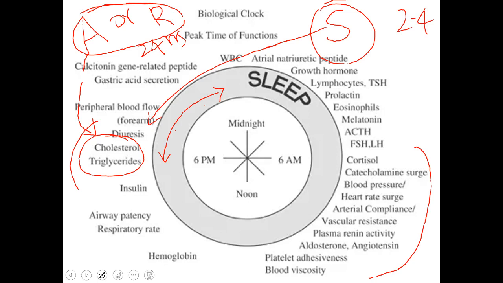So, whenever you prescribe statins, please keep this point in mind. For atorvastatin and rosuvastatin, the administration time does not matter, but simvastatin has to be given at night time.